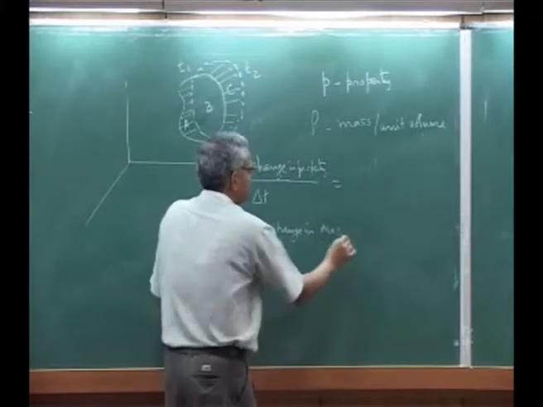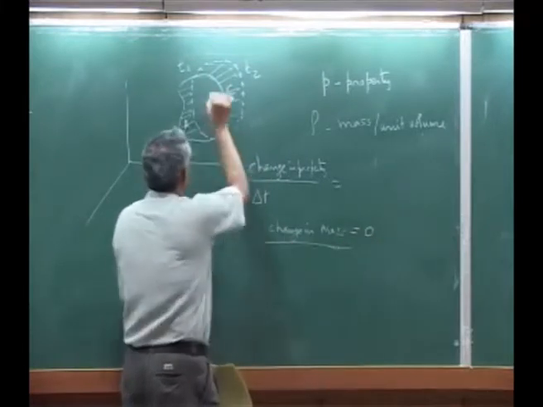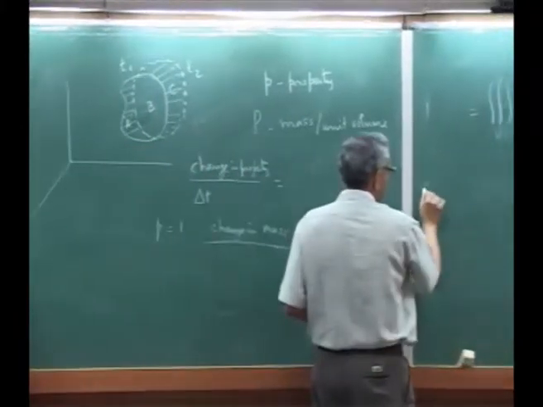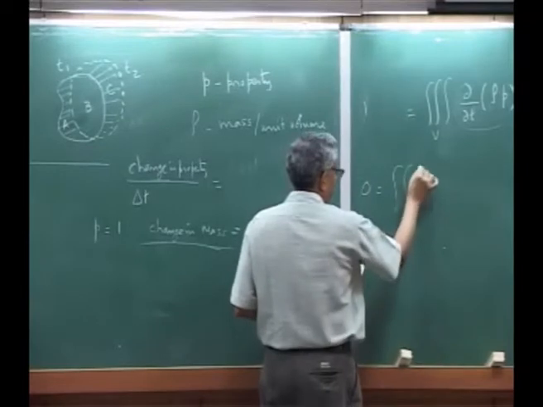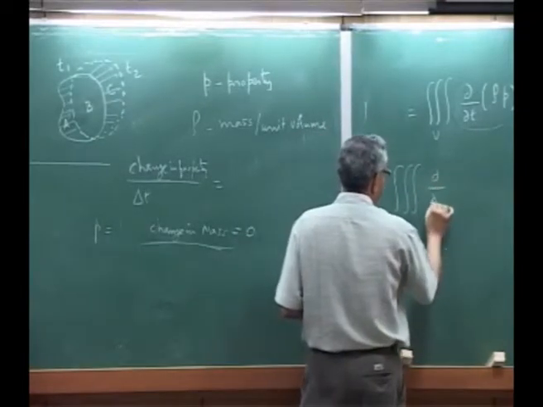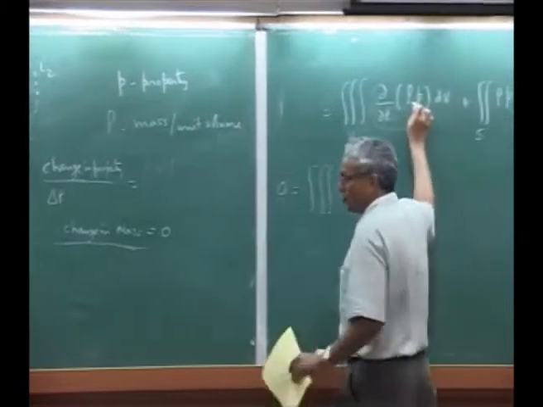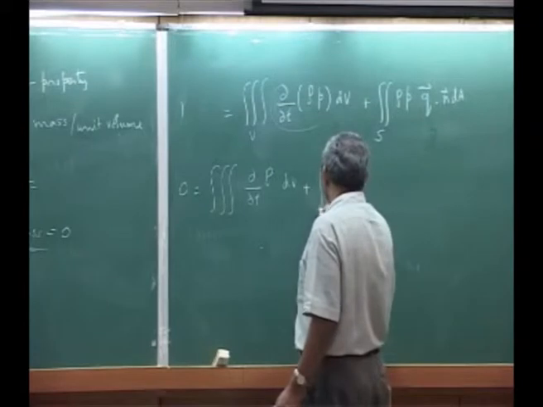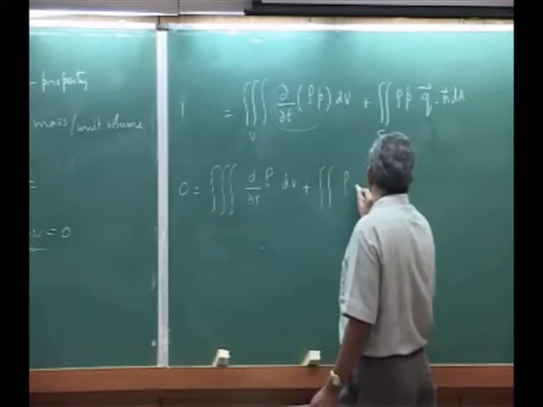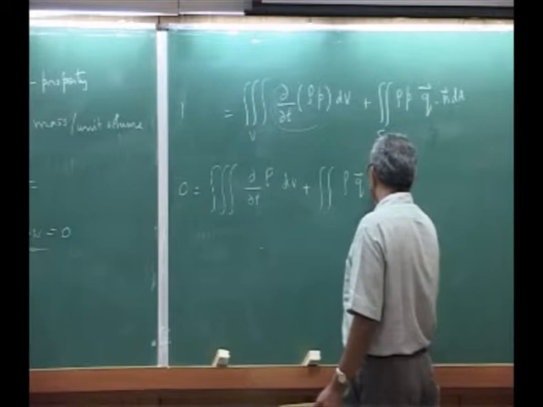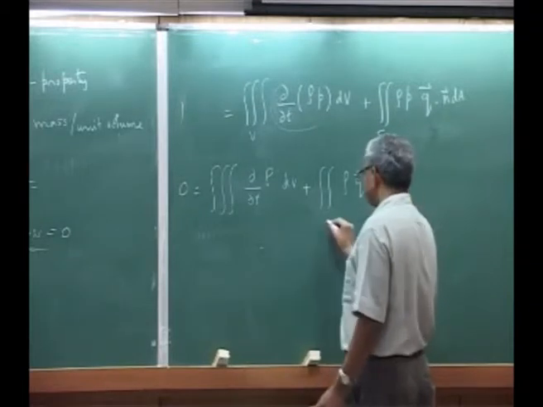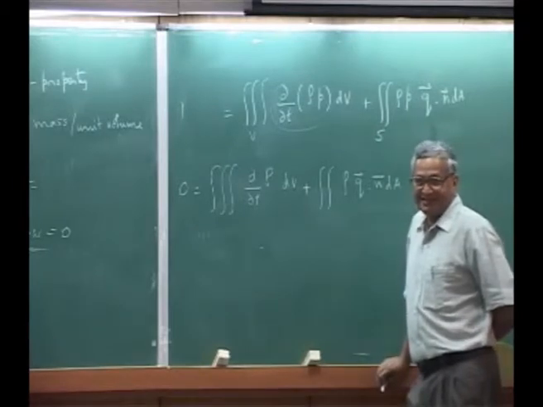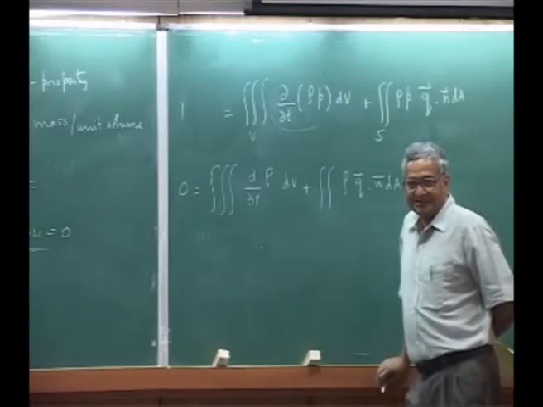Change in mass is actually 0 because the mass cannot change from whatever I started with. Therefore 0 equals delta by delta t of rho, because property P is 1, into dV, plus rho q dot n dA. This is 0. Change in property.